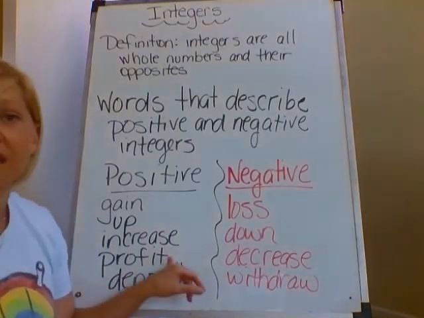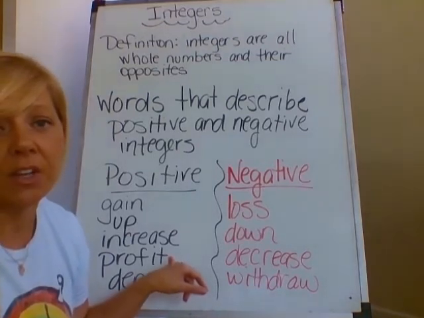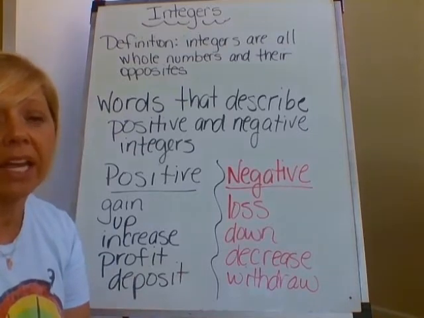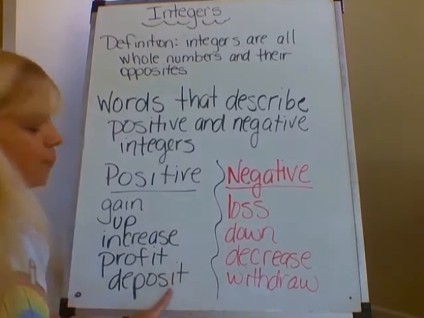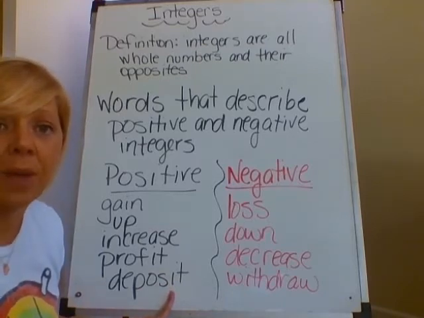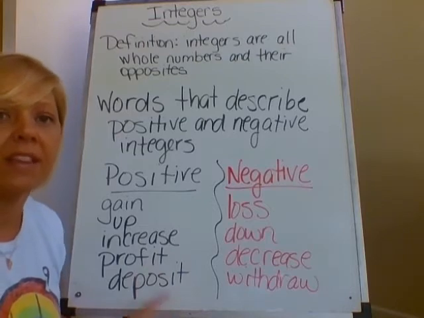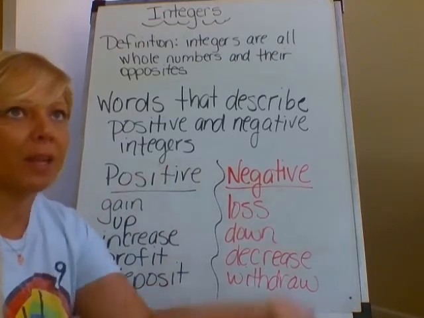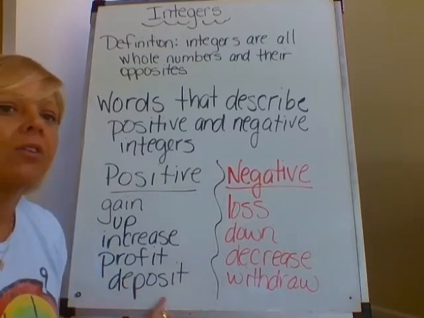Profit is a new word for you guys. You might have done some of it in your social studies class in 5th grade with economics. So when you make money, it's a profit. When you deposit money into your bank account, that is a positive for your bank account. I know a lot of you think that, well, I'm taking money into my bank account, so I'm losing that money, it's going into the bank, but your bank account goes up.